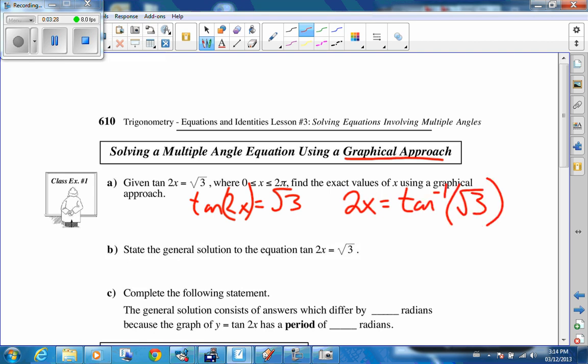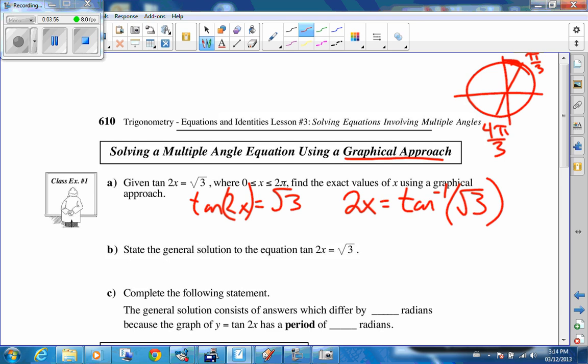Now all that tan⁻¹ of √3 means is that I need to check on my unit circle. On my unit circle, tan is √3 here and here. It wants it in radians, so this value right here is going to be pi thirds radians and 4 pi thirds radians. But you can see that tan is periodic over just pi.